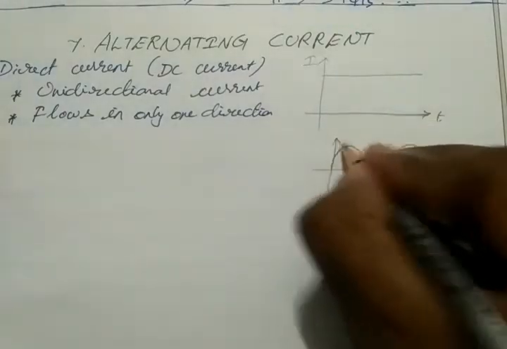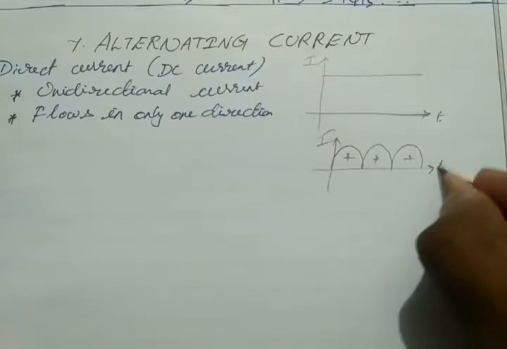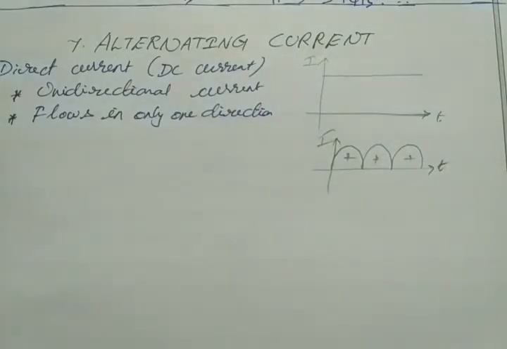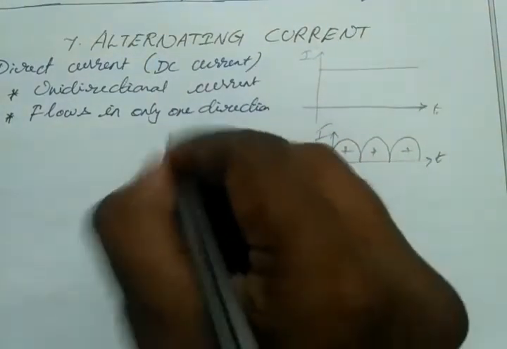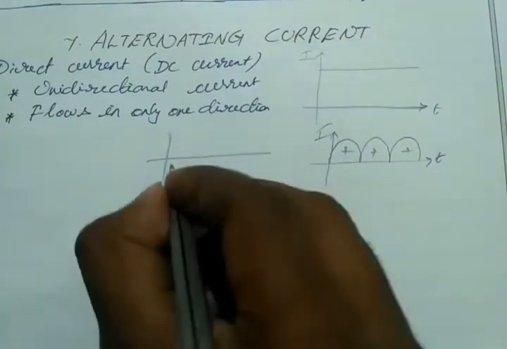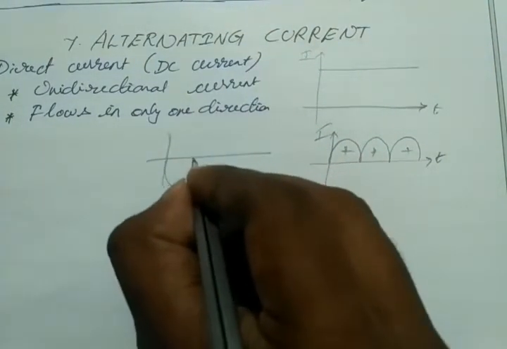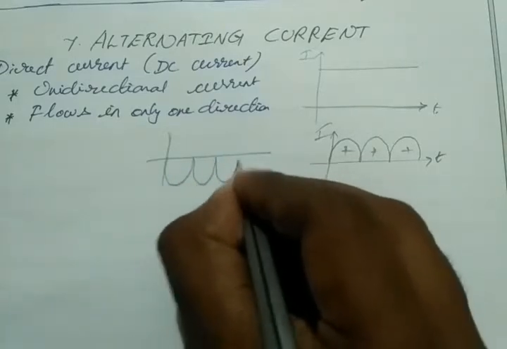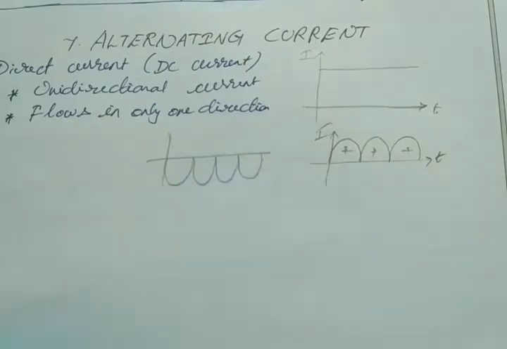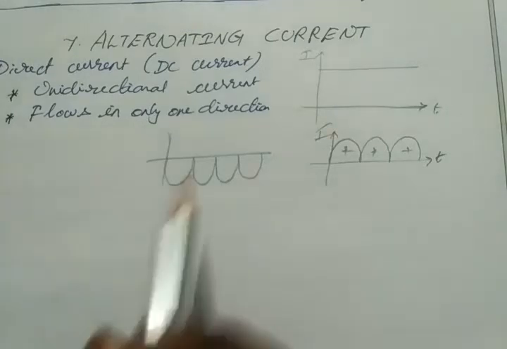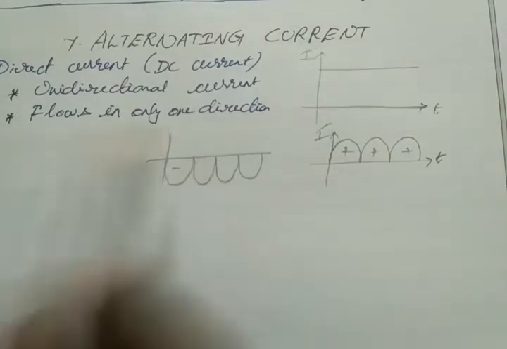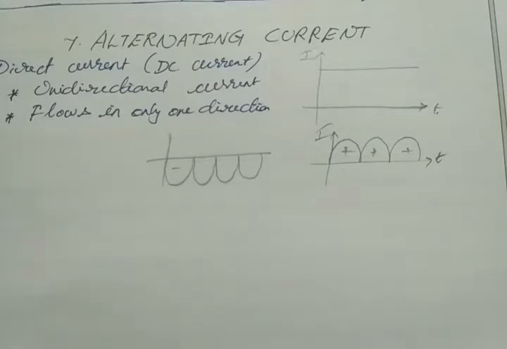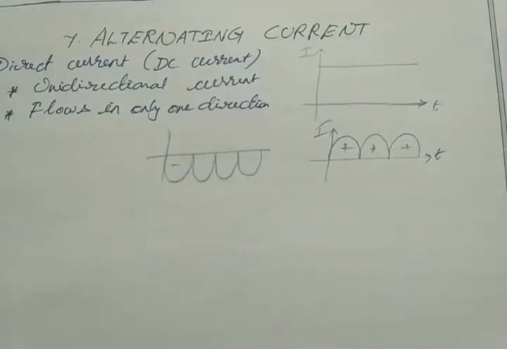This is the graph for DC current. I can also draw it the other way, so current flows in the opposite direction, but still only in one direction. There is no change in the direction of current. That type of current is known as DC current.